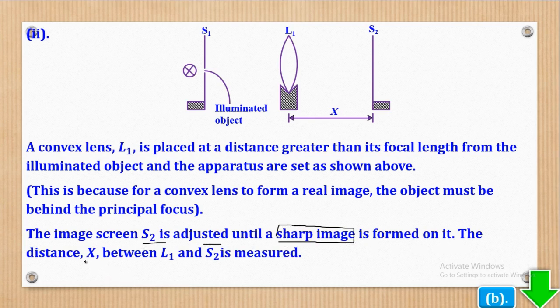The distance x between L1 and S2 is measured. This distance x is measured between the lens and the image screen. So before we go to the next slide, let's see marks for this slide. A mark for the correct setup, a mark for this phrase being seen, and a mark for measuring distance x.